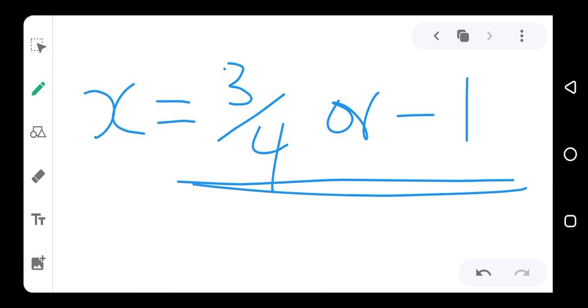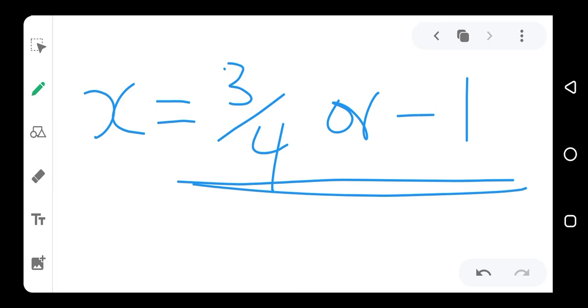So this is how to solve quadratic equations using the completing the square method. First of all, you compare with the standard quadratic equation and make sure that the value of a is 1. If it is not 1, you divide through by the value of a.